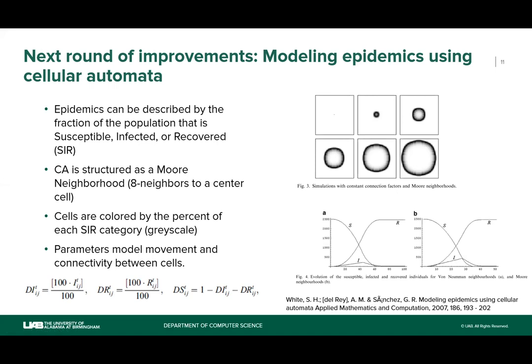One of the models that's used for epidemics is the SIR model, so the percentage of susceptible, infected, and recovered members of the population. By using that model, we can have a 3-tuple value for each cell in our network, representing these 3 different aspects of the infection. And then that allows us to start modeling a much more subtle growth of the infection across the network.